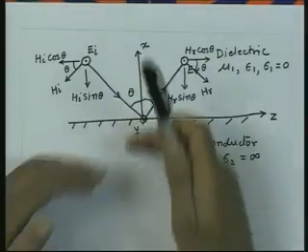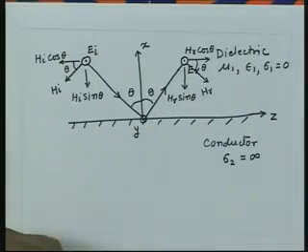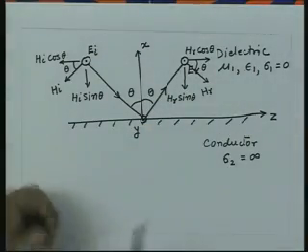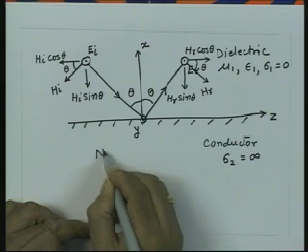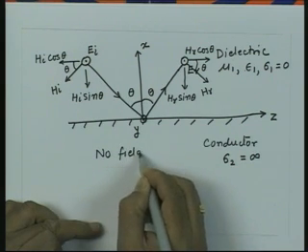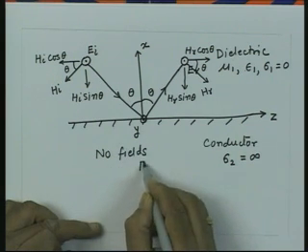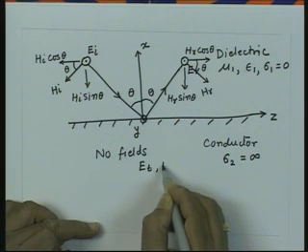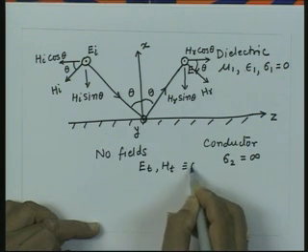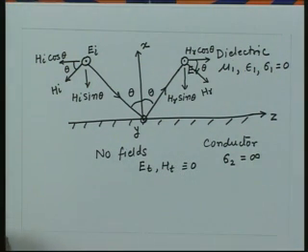Since there is no wave propagation, no time varying fields in the conducting medium, E_t and H_t are identically 0 in this medium.